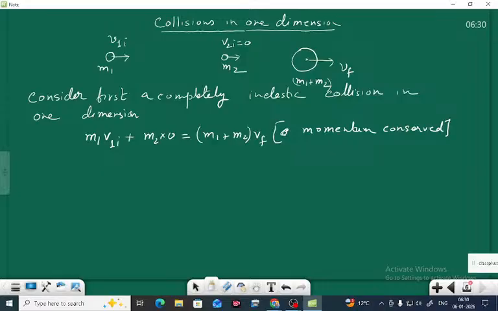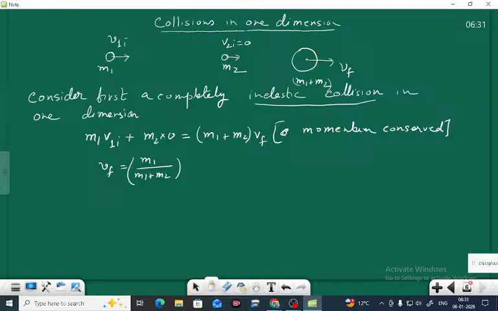Therefore the final velocity we are getting is m1 divided by m1 plus m2, because the momentum of m2 is 0 here, and this is a completely inelastic collision. In an inelastic collision, momentum is always conserved.